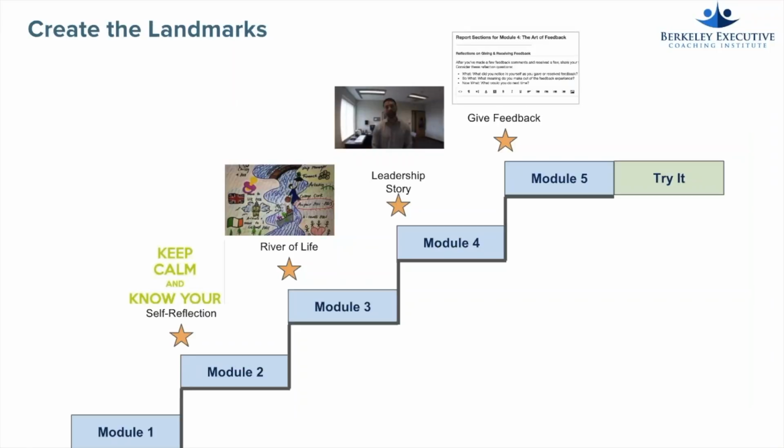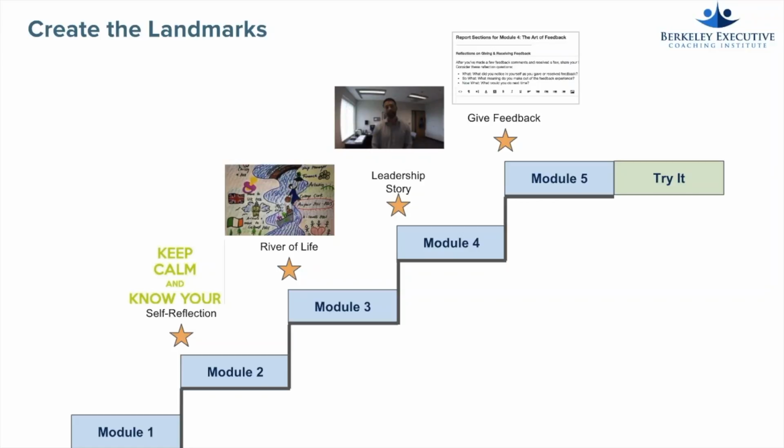I'm showing you examples from their 5 modules. These are actual examples. Module 1 was an introductory module, really getting to do a self-assessment and a self-reflection. This "Keep calm and know yourself" is an example of one learner's own submission for this assignment. This is what they said for themselves.